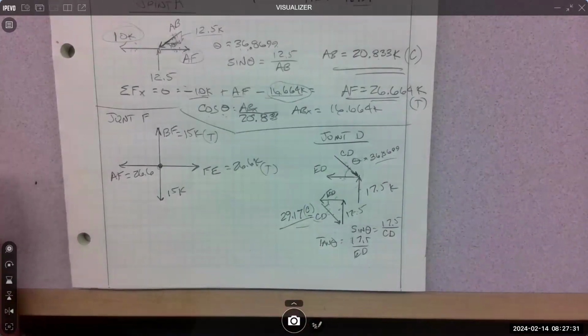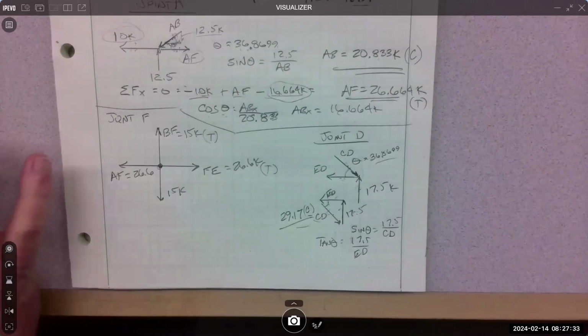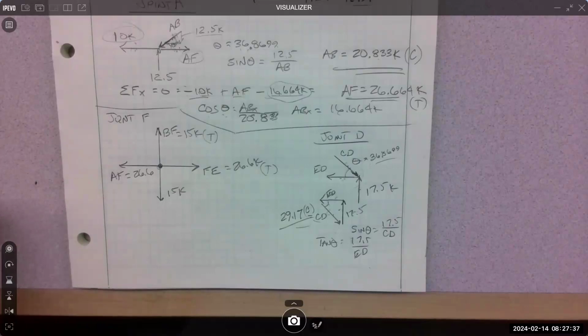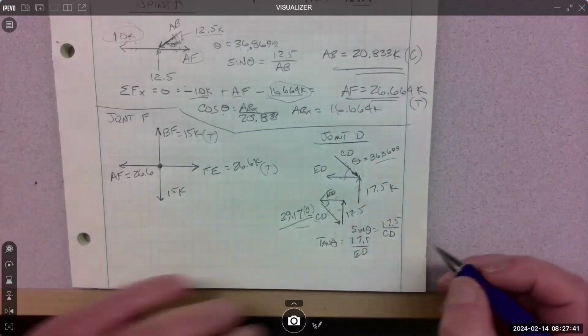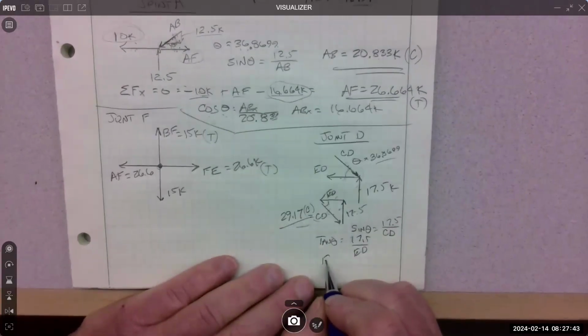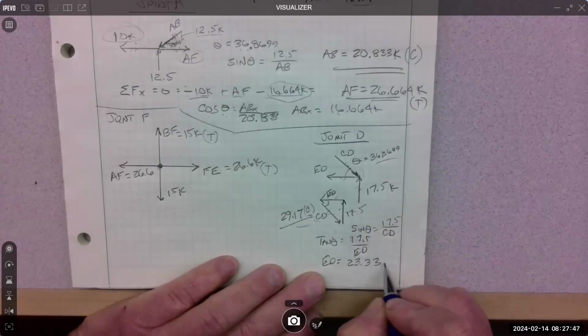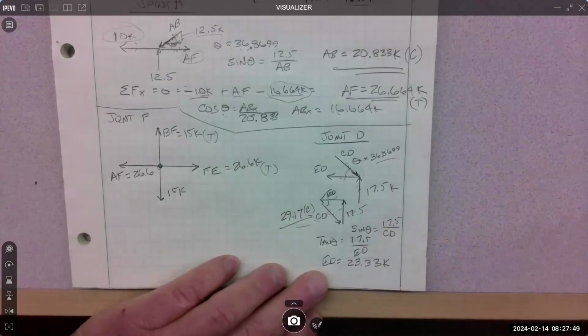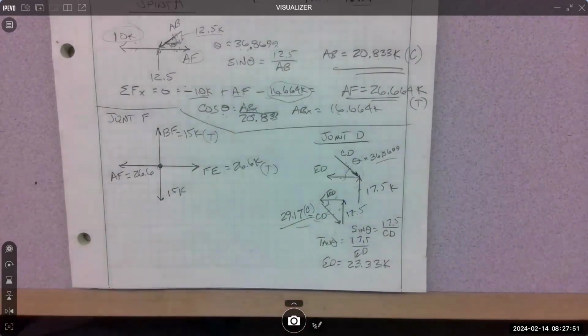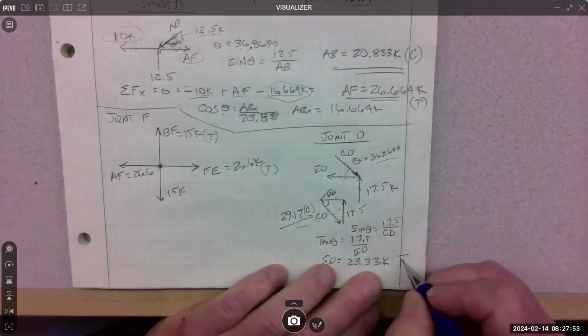It's again 17.5, and this time tangent. 23.33. Yes. Compression or tension? Tension. Yeah, it's pointing away.